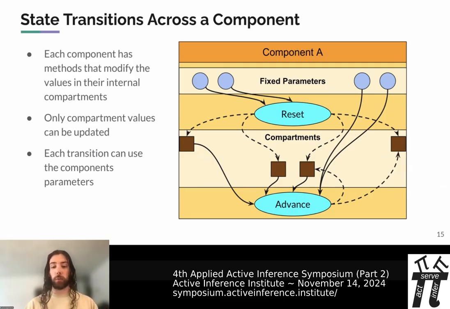We're doing a state transition called advance that requires 2 fixed parameters and 3 dynamically changing compartment values. Advance internally does some transformation of this data, and it outputs 2 values. One of those values gets looped back into the floating compartment on the right, and the other gets sent to the output compartment that's also on the far right. And that's really all these state transitions across components are.